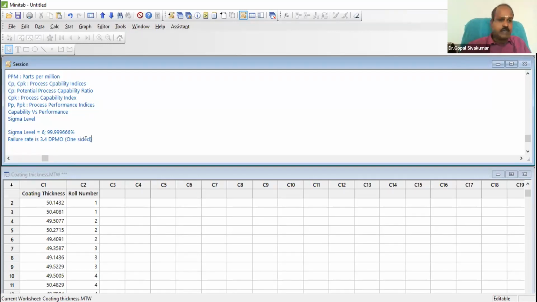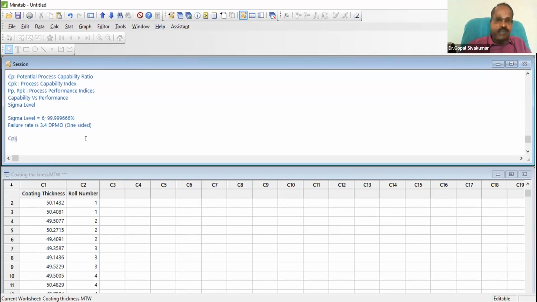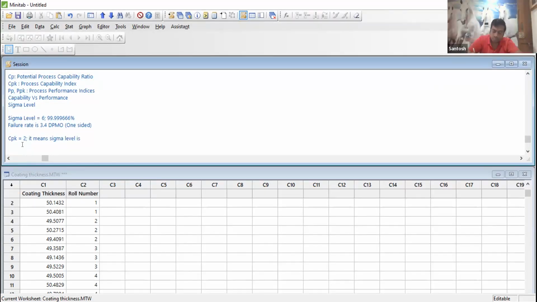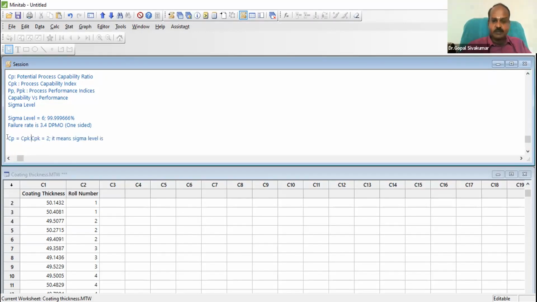And similarly, if my CPK is equal to 2, tell me what is the sigma level now? I am adding a condition: CP equal to CPK, and CPK equal to 2. It means sigma level is 6.